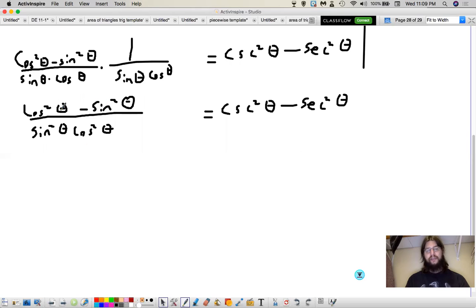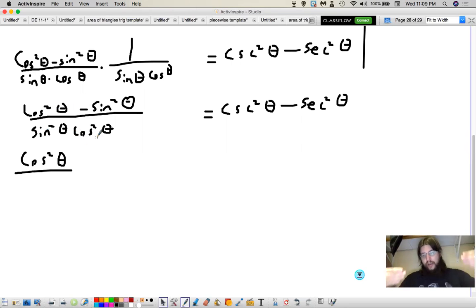So we got a fraction here with a subtraction in the middle. We can put them together, or we can break them apart. Let's break them apart. Cosine squared theta over my whole denominator for both of them, because when you add with common denominators, you put the numerators together and keep the denominator the same.